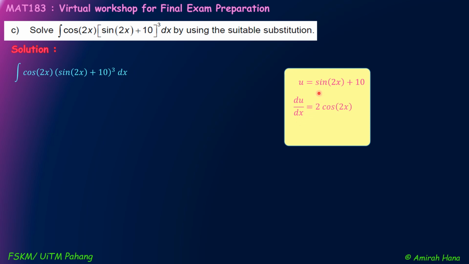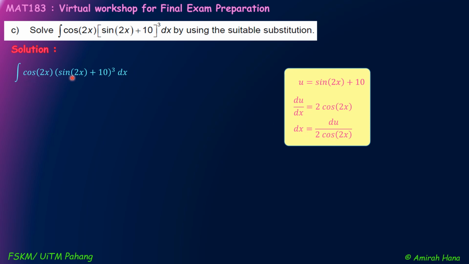We differentiate sin 2x, we have positive 2 cos 2x, and then we differentiate the constant, which equals 0, so no need to write plus 0 here. After that, we need to write dx as the subject, so we just cross multiply from here. So we get dx equals du over 2 cos 2x.